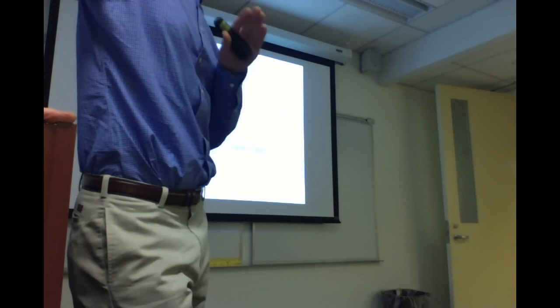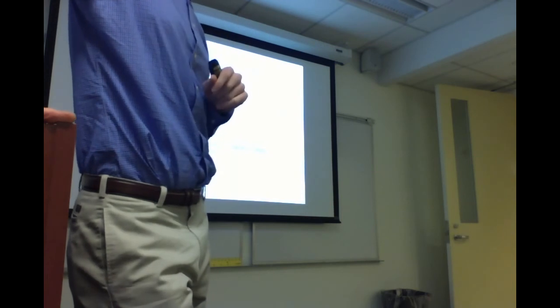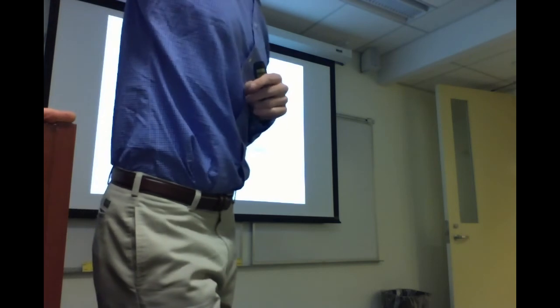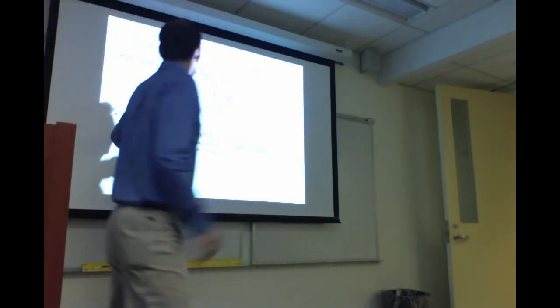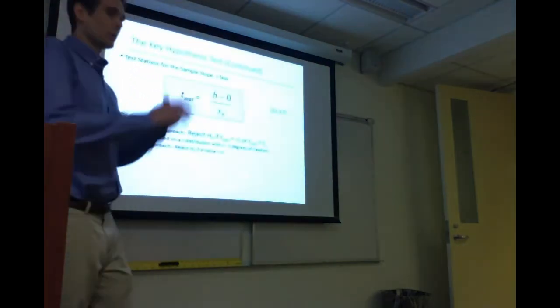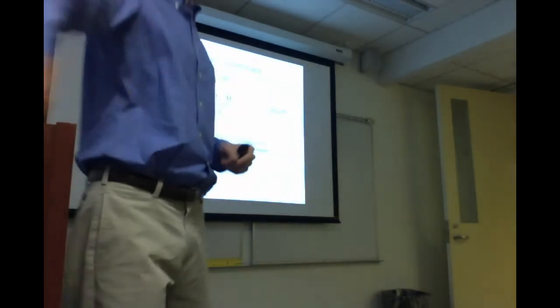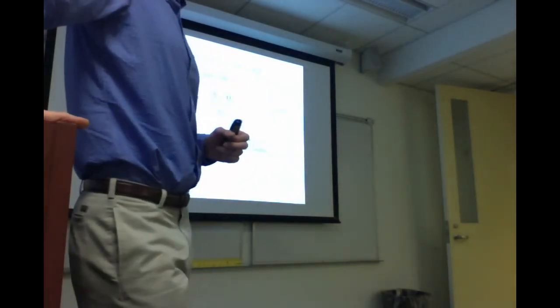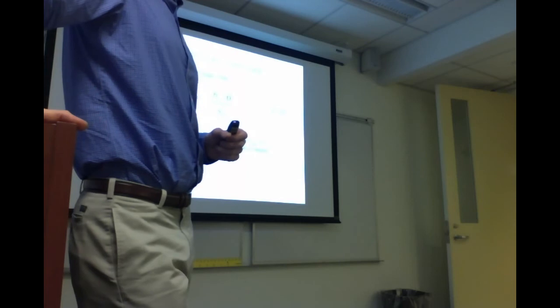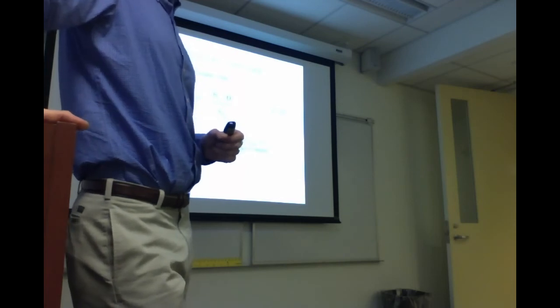If the p-value is below our significance level, then we reject the null, that there's no relationship, and say, yes, there is a relationship. Makes sense?